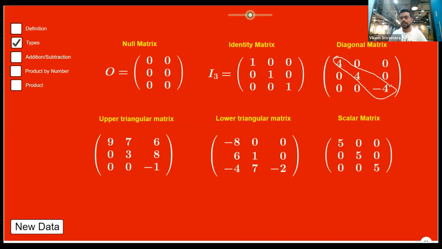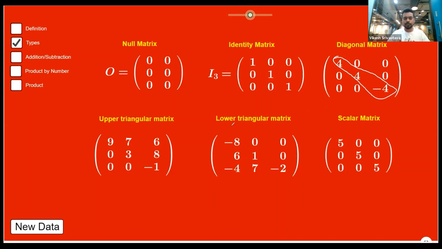That is the basic difference between the identity and diagonal matrix. In a diagonal matrix, the elements along the diagonal can be different, right? We can have 1 2 3 in the diagonal, but the non-diagonal elements have to be 0. So that's the basic definition of a diagonal matrix.